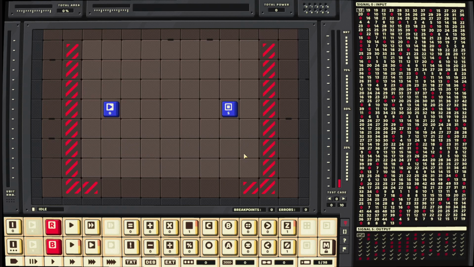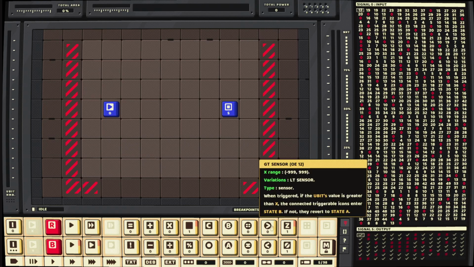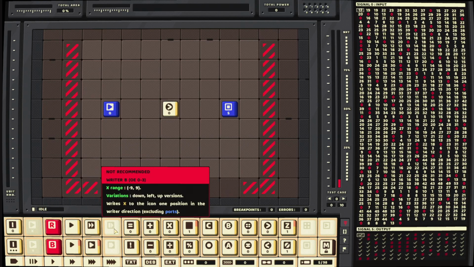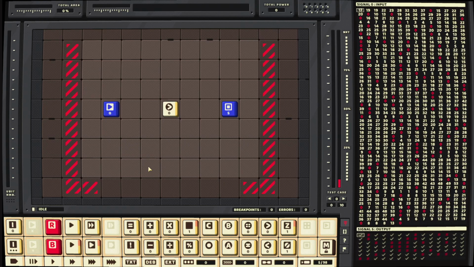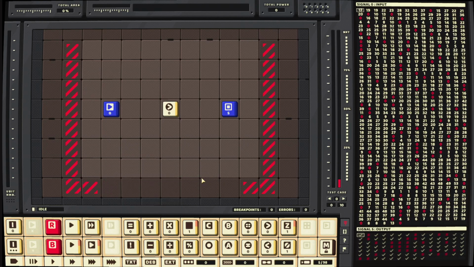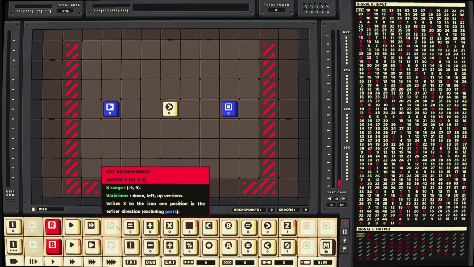The most obvious way I can think of is to have a GT sensor that you reprogram with a writer. But again, they're still saying these are not recommended. They suggest I do this some other way. And yeah, you could. Well, no, you couldn't. You can't subtract 2 of them so easily because you need a writer to program the subtractor. So I don't know. It seems like the obvious way to me.